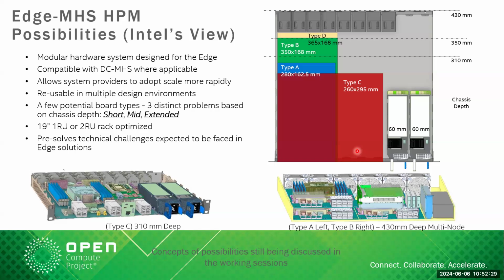John, I don't know if you would want to comment on that, but it's something we've seen: a much more fragmented market. The 19-inch rack made life a whole lot easier for DC-MHS. With Edge MHS, everybody has their own chassis and their own ideas of what the depth and layout should be.